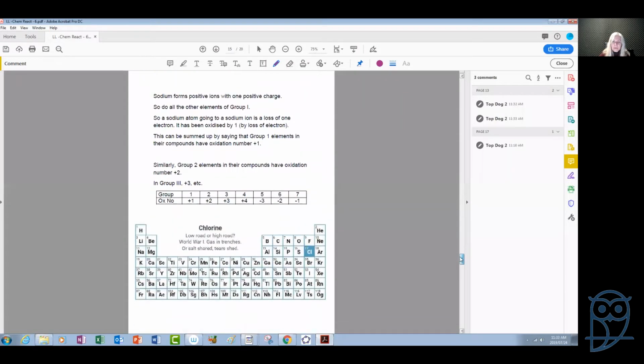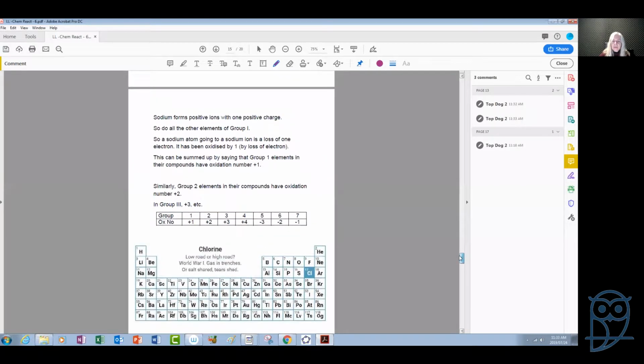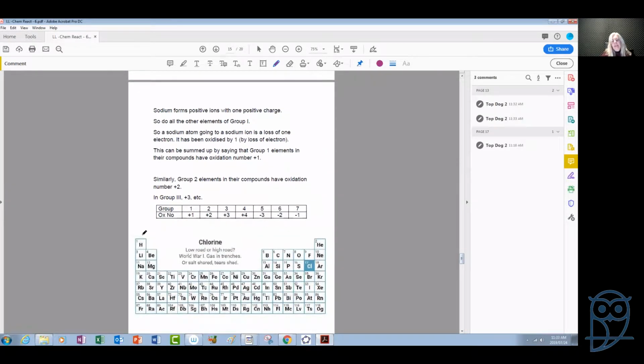We spoke a little bit about oxidation numbers, if you remember this page, in which we said that group 1 elements, these metals, usually are assigned the oxidation number of +1. The metals of group 2 are assigned the oxidation number of 2+. On the other side, the non-metals, the halogens, group 17, are assigned the oxidation number of -1, whereas in group 16, starting with oxygen, they are usually assigned -2, but there are exceptions.